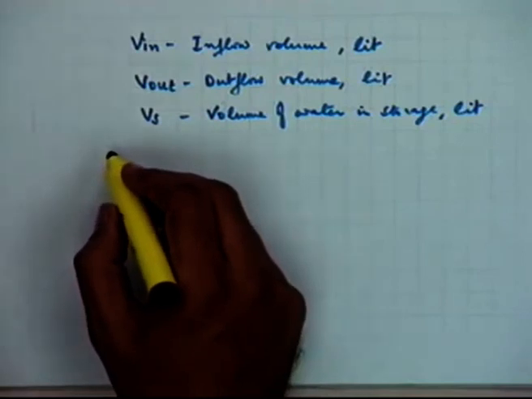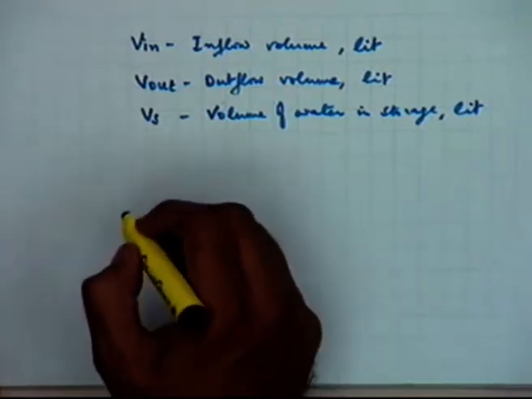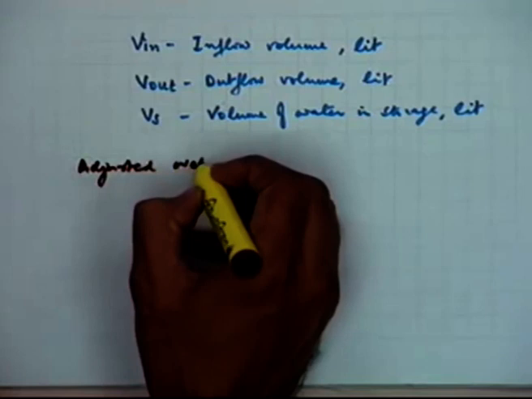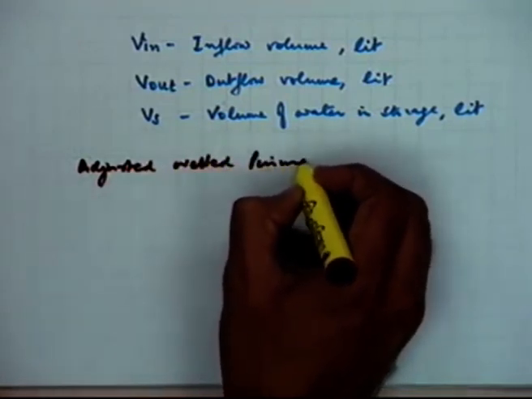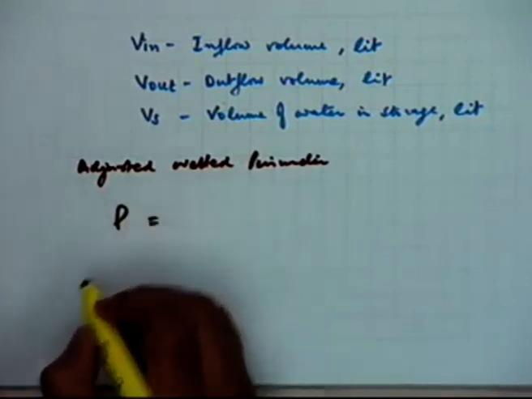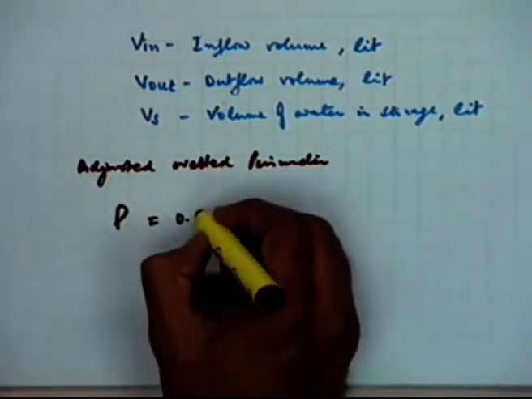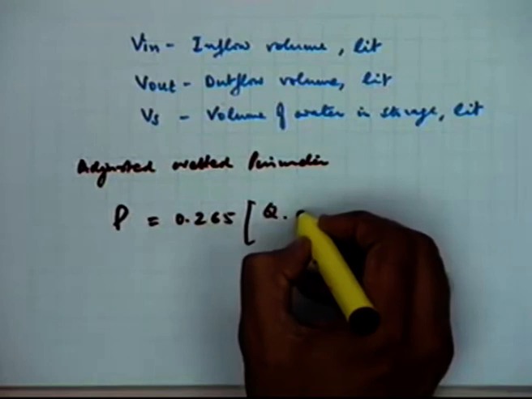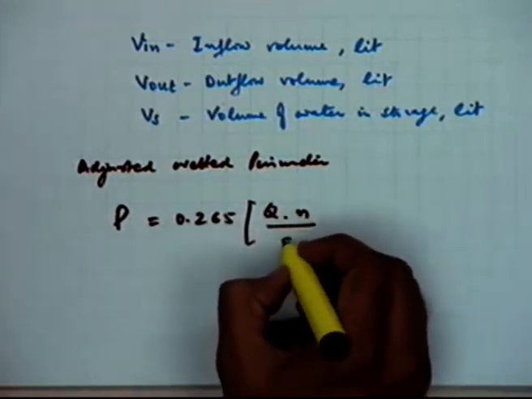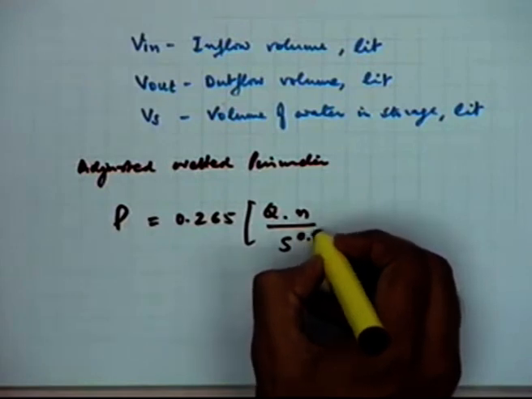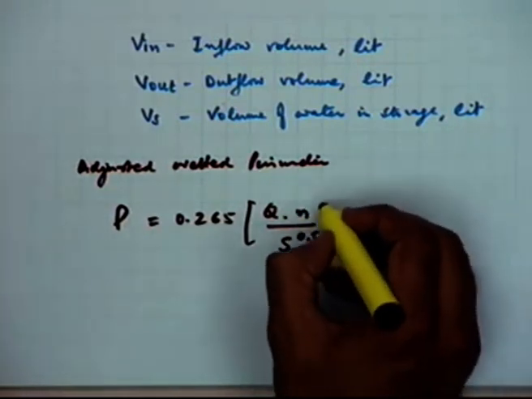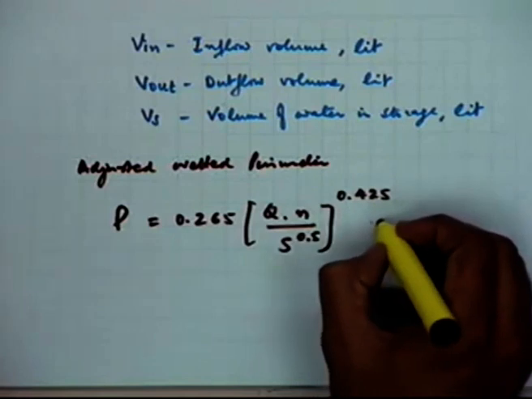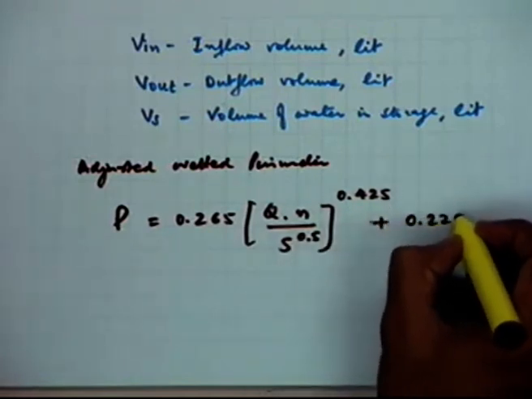Let's look at the first, the adjusted wetted perimeter. P is given by this expression, which is basically obtained from Manning's formula; most of these relationships have been derived from Manning's formula.